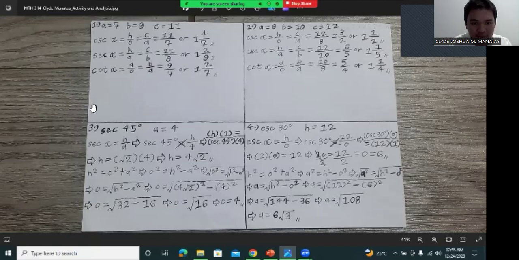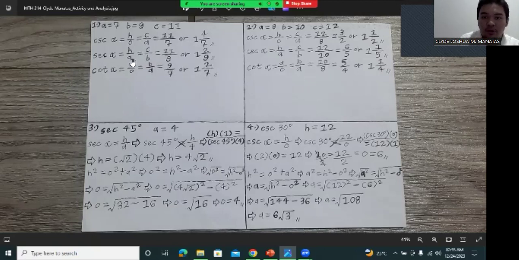Then opposite is equal to square root of 32 minus 16, which is 16. The square root of 16 is 4. So the opposite leg is equal to 4.